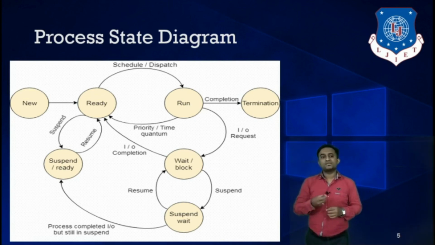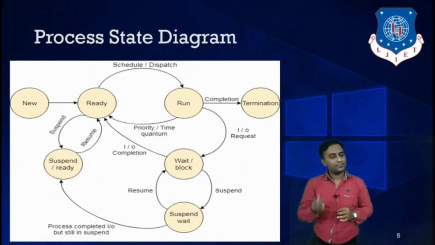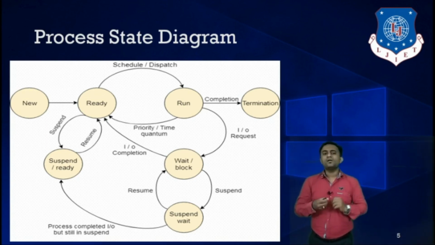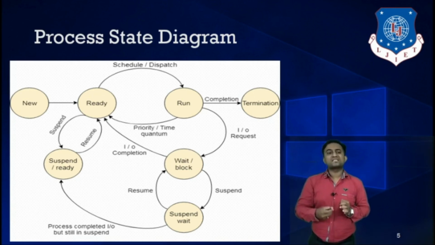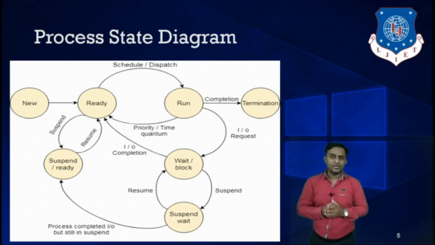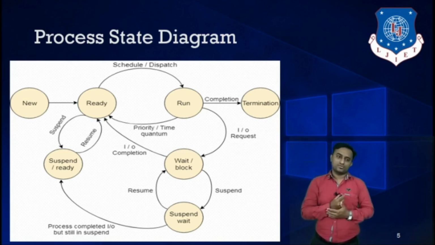CPU bound process requires more time to execute in the CPU. That type of process can be considered as CPU bound process. And IO bound process means the process which requires more time for its execution on the IO devices. That type of process would be considered as IO bound process.